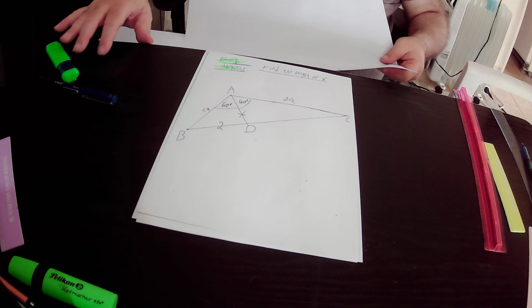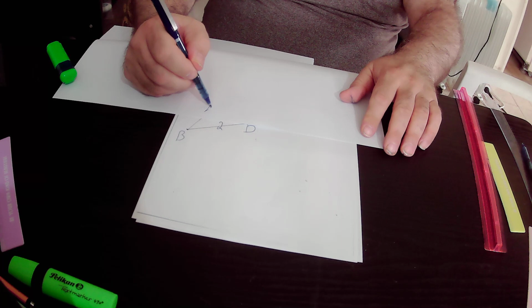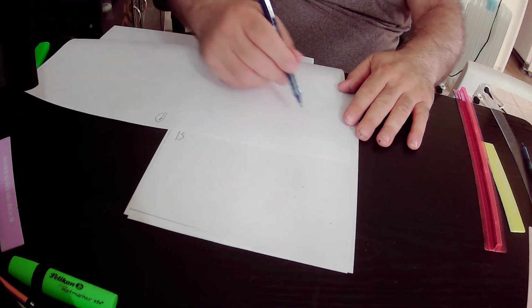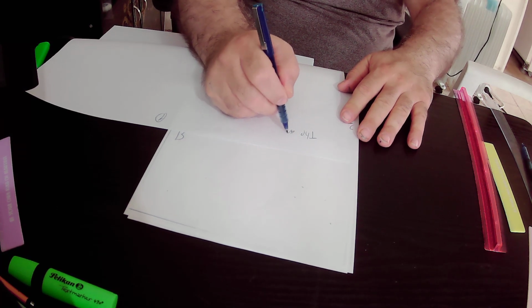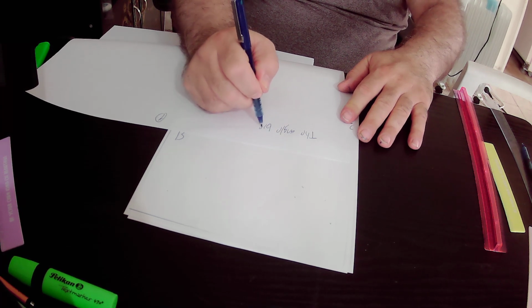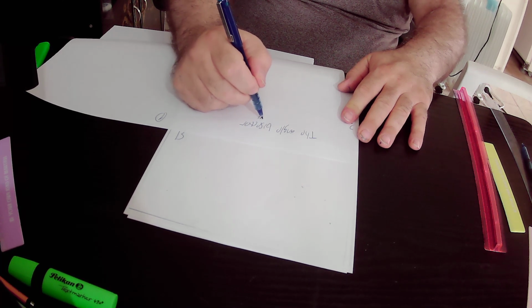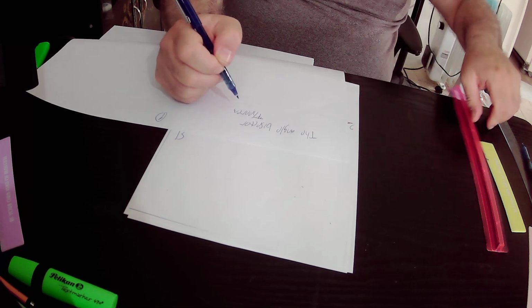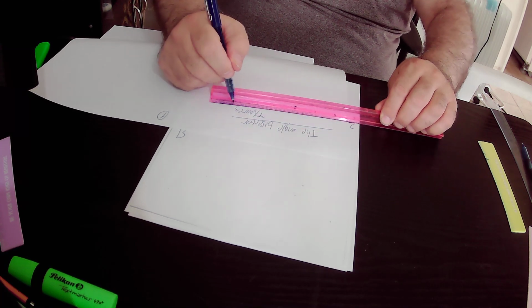According to the angle bisector theorem, so first of all, the angle bisector theorem is true in any triangle.